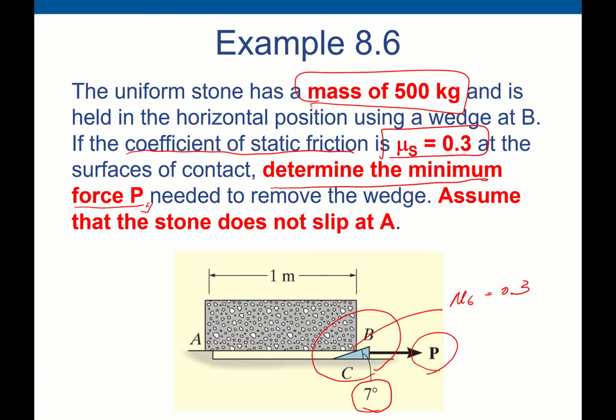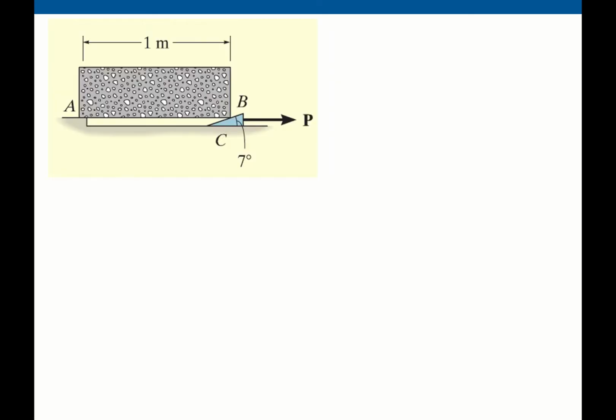You know what I'm saying? So what is the minimum force P that creates impending motion, needed to remove the wedge? Assume that the stone does not slip at A. So the stone does not slip, but there is a friction force. Let's solve this problem together.